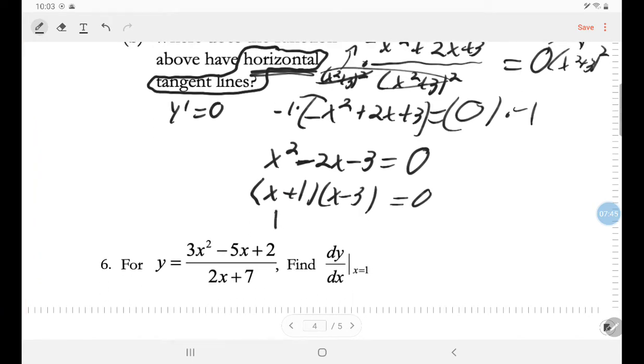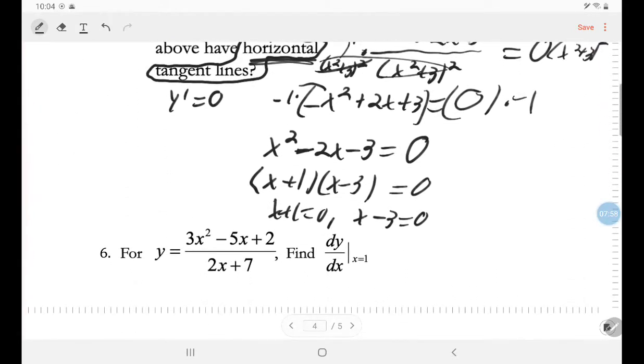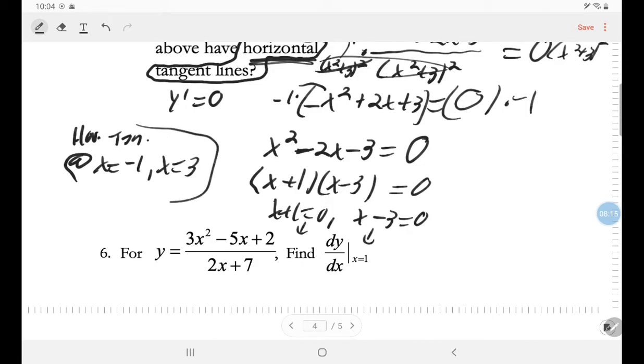So when I set x plus 1 equal to 0 and the other factor x minus 3 equal to 0, basically what I can tell you is that my function, did I name it something? Did I call it f of x? No, so your function has horizontal tangents at x equals -1 and x equals 3 if you were to finish solving those.